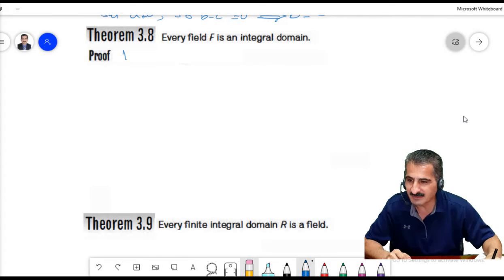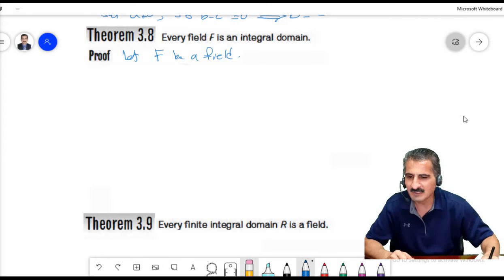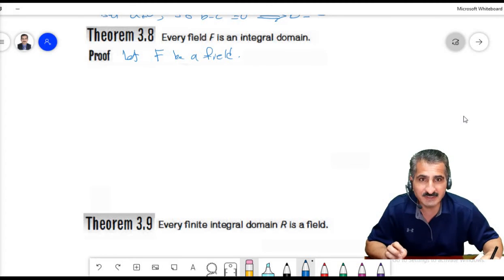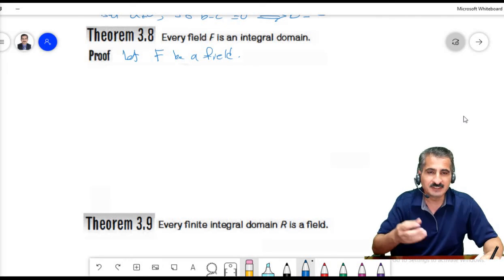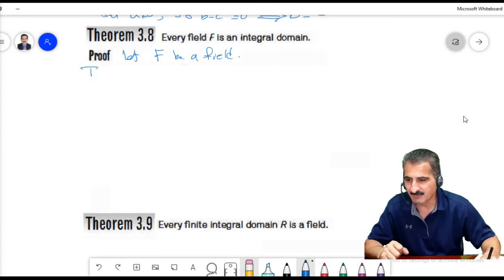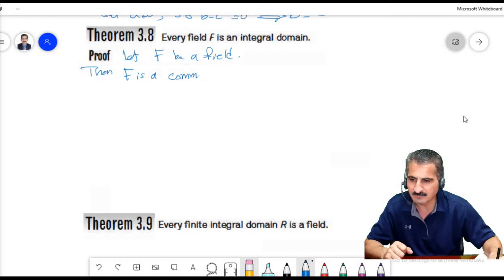Now let's prove that. Let F be a field. To prove it is an integral domain, we need to prove it is a commutative ring with identity that has no zero divisors. But we have almost all this information. Then F is a commutative ring with unity, or identity. We call it identity in this book, I believe.